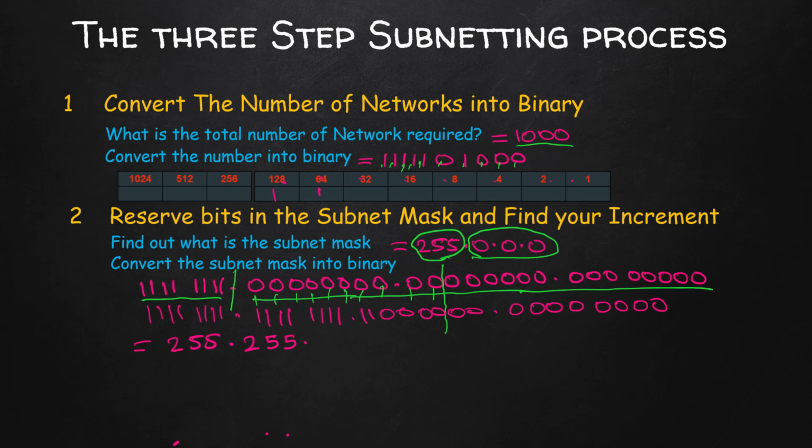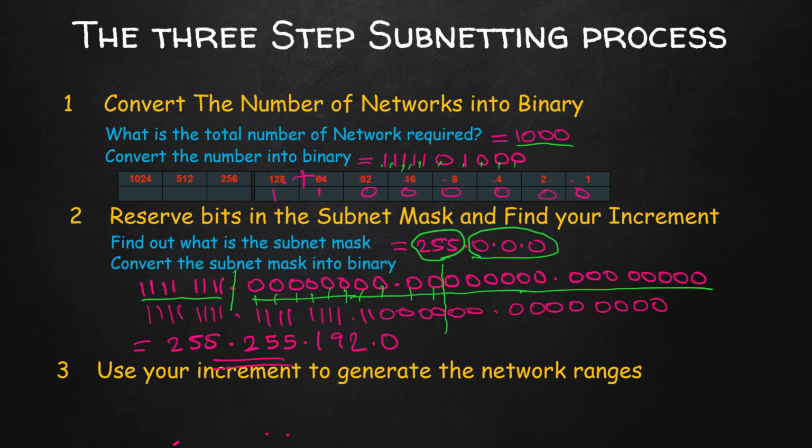So the first 2, that means 128 and 64, are 1, remaining all are 0. Just add 128 and 64 together, then you get 192. Then the last octet is all 0, so that is 0. So your new subnet mask is 255.255.192.0. This is the subnet mask you need to use in the subnetwork.